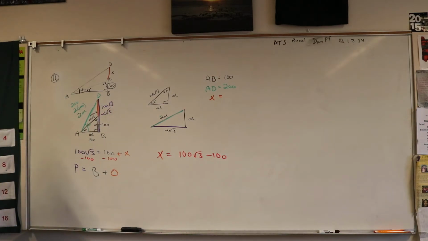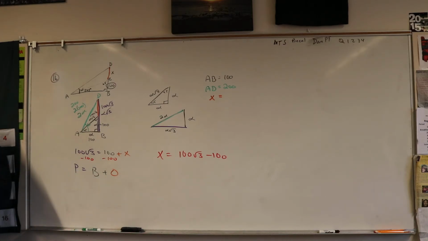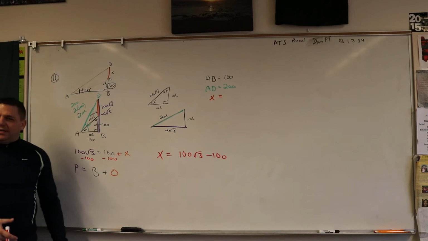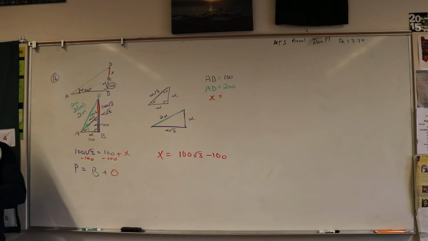But you can't just take 100 away, because you're saying it's 100 times the square root of 3. There's 100 square roots of 3 there. Is 100 square roots of 3 necessarily 100 and square root of 3? That's a weird way of writing.